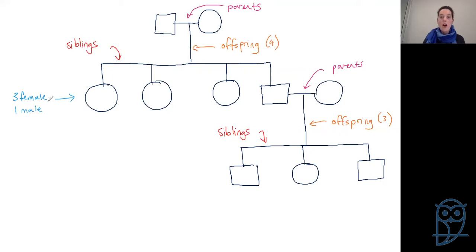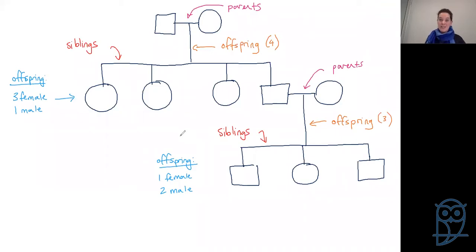That's the offspring for those parents. These two parents, then we have their offspring. We have 2 males, 1 female. So of course, sex is always important.